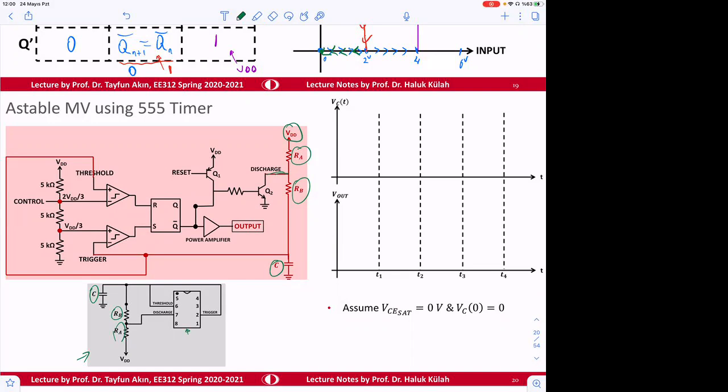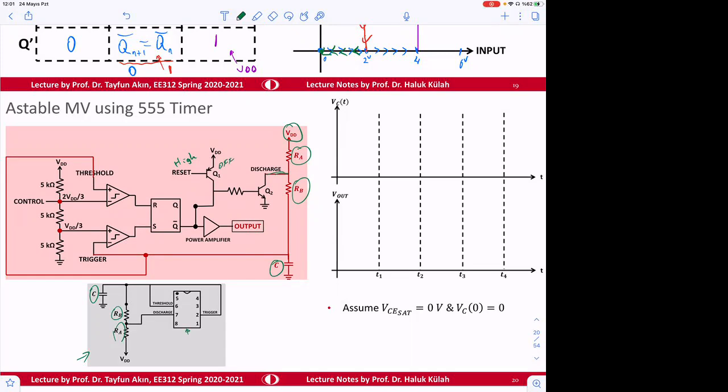Now, the circuit analysis, I mean, we'll assume that the reset is high. So this is high. If this one is high, this transistor will be off.